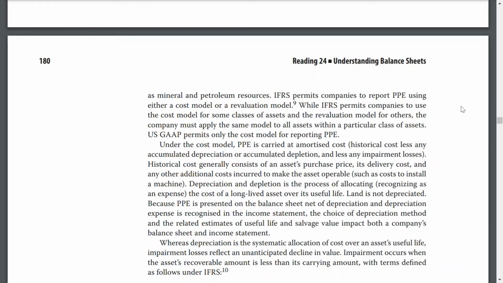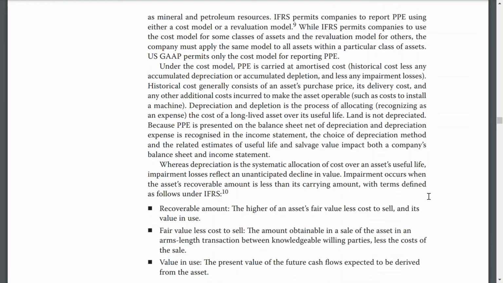Depreciation is a systematic allocation of costs over the asset's useful life. Impairment losses reflect an unanticipated decline in value. Impairment occurs when the asset's recoverable amount is less than its carrying amount, with terms defined as follows under IFRS.